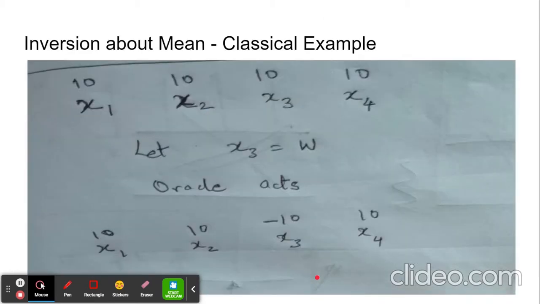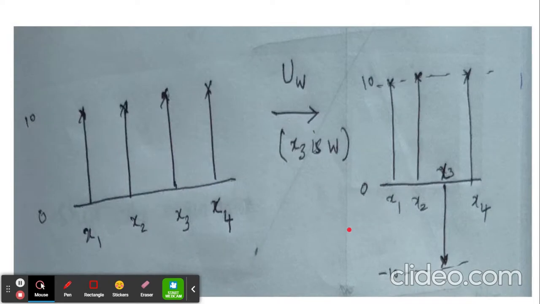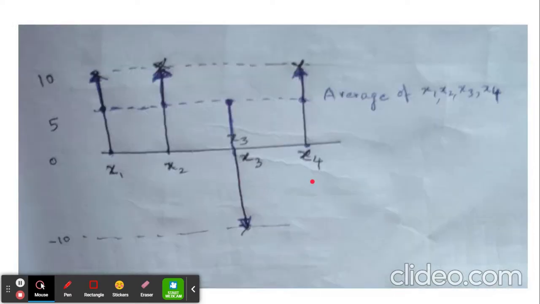To understand inversion about mean, let's look at a classical example. Suppose we have four numbers x1, x2, x3, x4, and we want x3, and when the oracle acts, it changes the sign of x3, which then becomes -10. Then x1, x2, x3, x4 are 10, 10, -10, and 10 respectively. This is represented graphically, where the x3 sign is flipped when the oracle acts.